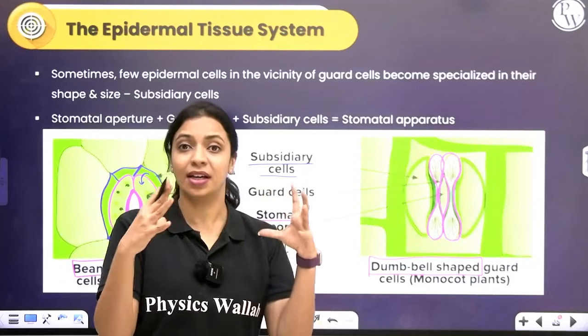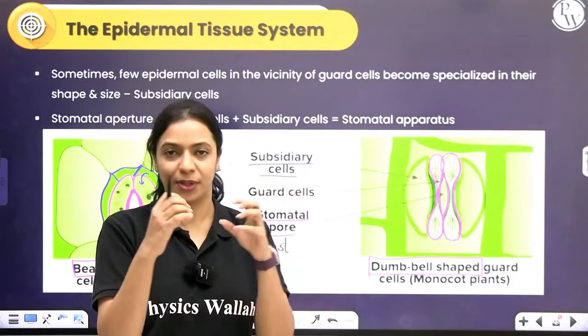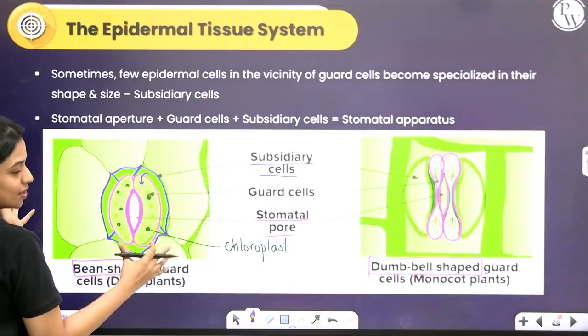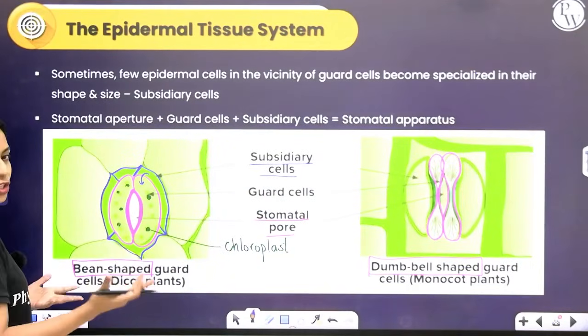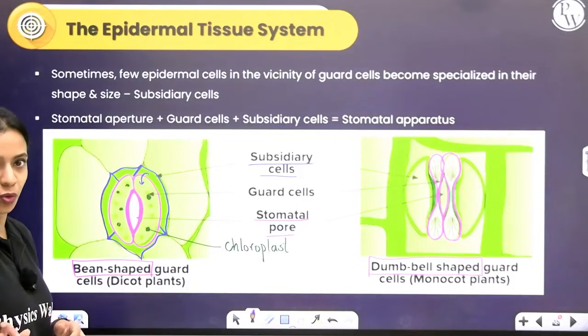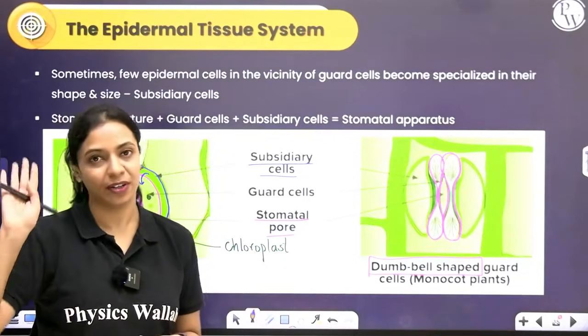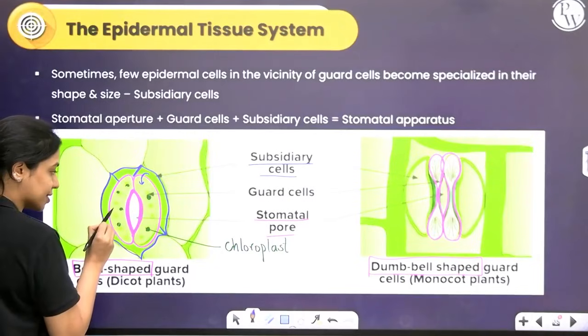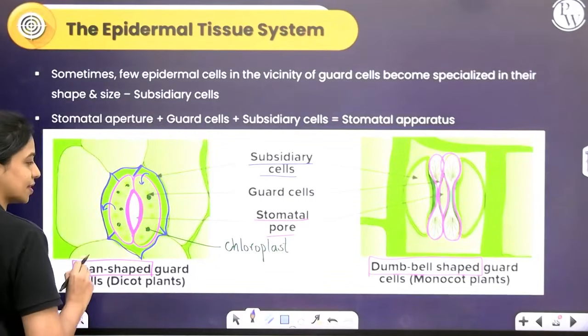They will become turgid. When the guard cells become turgid, they will expand in such a way that this pore opens. When there is not sufficient water available for the plant, if the stomatal aperture is open, more water will be lost by transpiration. In order to prevent that, water from the guard cells will move to the surrounding subsidiary cells.